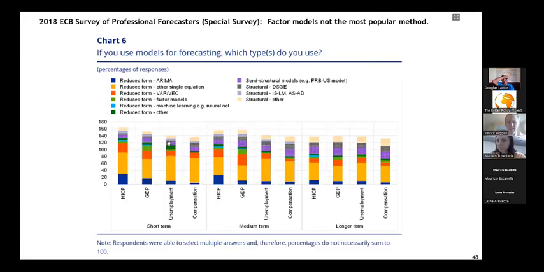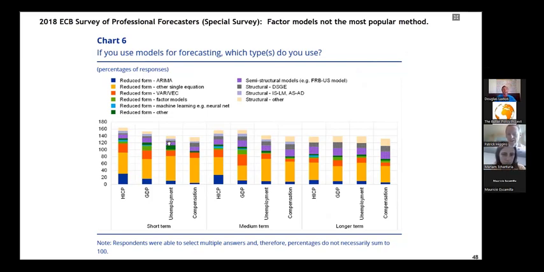I did have some things in terms of what people are actually doing, in terms of forecasting global GDP growth or GDP growth in other countries. This is some survey work from the ECB on what forecasters actually do when they're forecasting euro area GDP growth and other things.